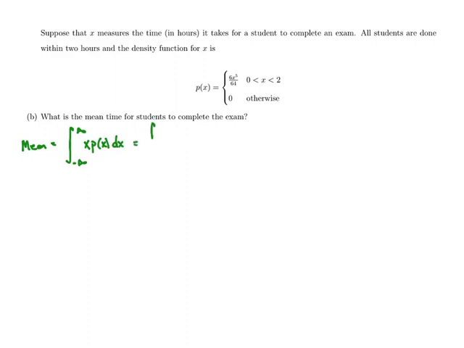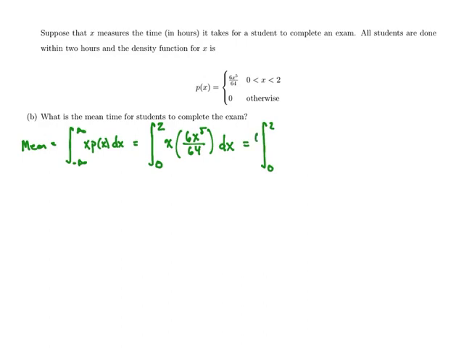We don't really need to look at negative infinity to infinity, as the only interesting values here that aren't 0 are from 0 to 2. So we're going to look at the integral from 0 to 2 of x, and then our p of x, which is 6x to the 5th over 64 dx.